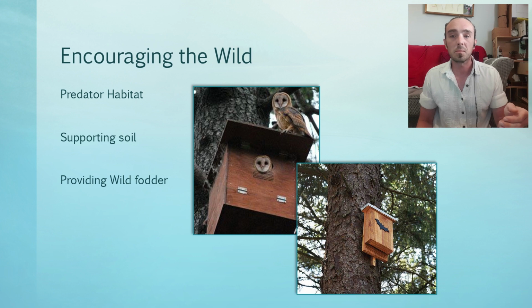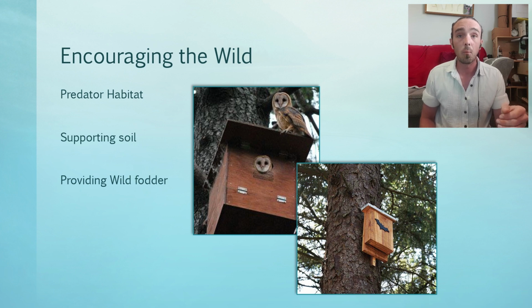So one of the problems that they have in America with the deer is that the deer haven't got the normal type of fodder that they're used to. The American chestnut used to form a huge part of the deer diet, but it was wiped out by a blight in the early 1900s, I'm going to say. I'm not 100% sure on that, but it was wiped out.